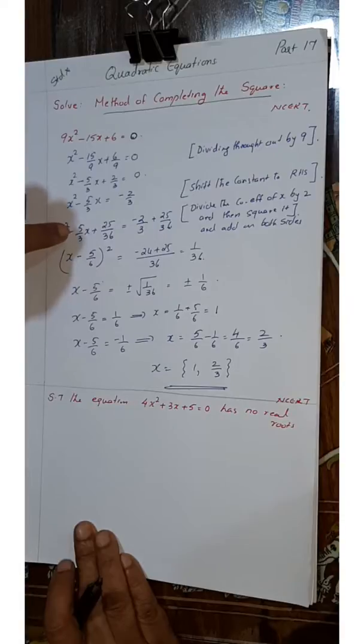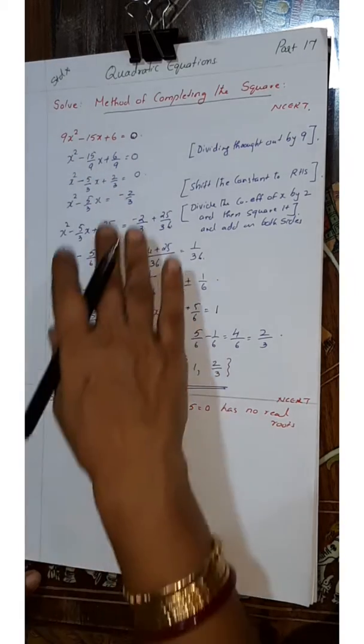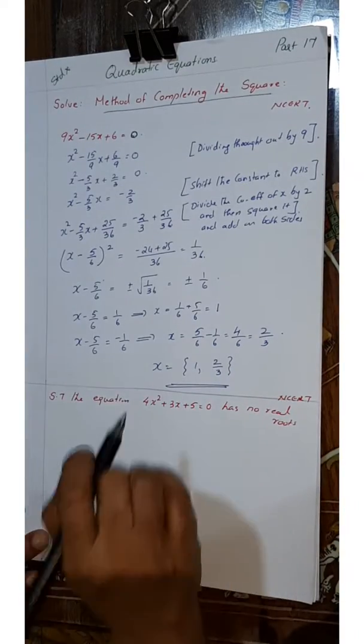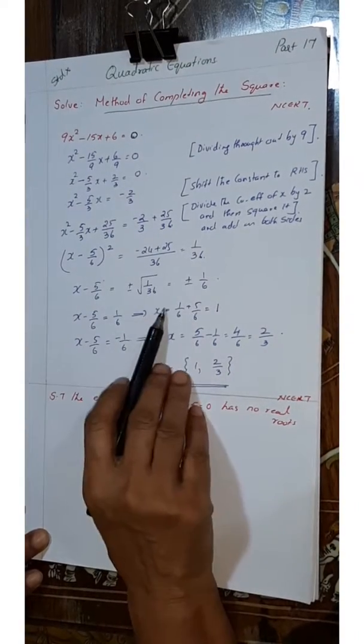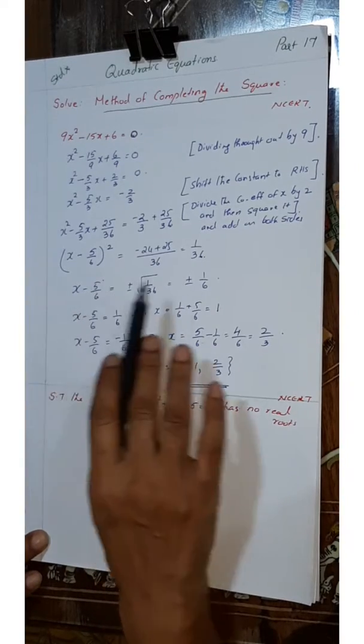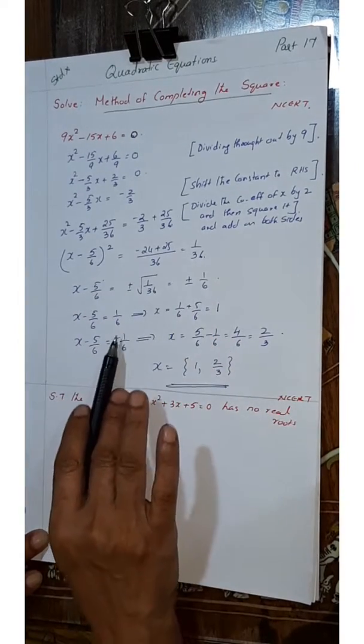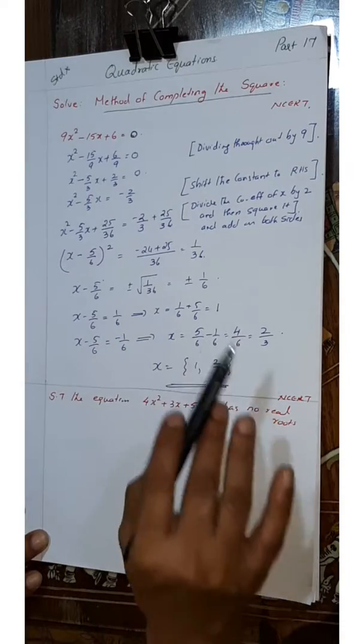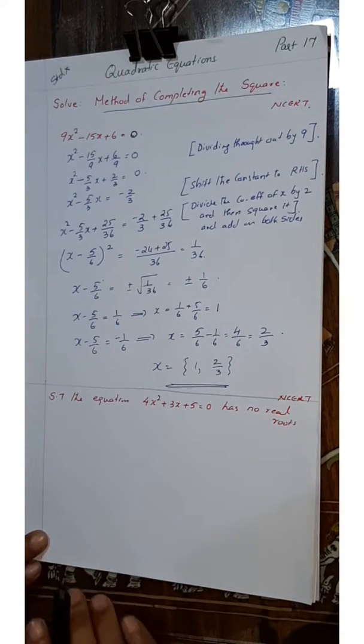Like if this was x squared plus 5 by 3x, then you have to write this as x plus 5 by 6 the whole square, and the remaining things are the same. Once you come here, you get plus or minus 1 by 6. So you should equate x minus 5 by 6 to 1 by 6 and minus 1 by 6 separately. You will get 2 roots.